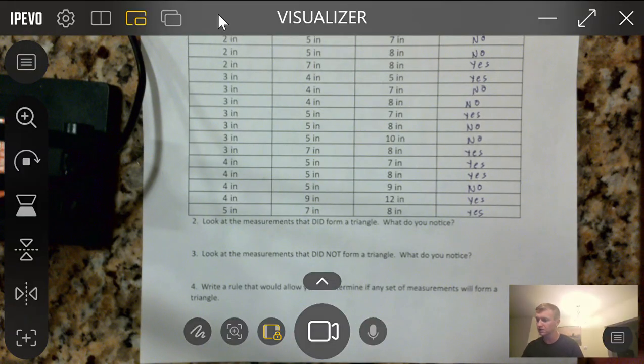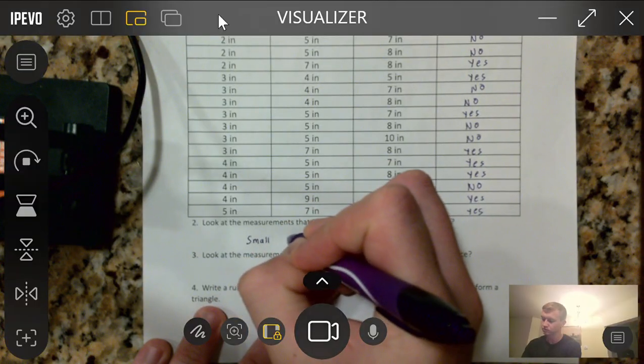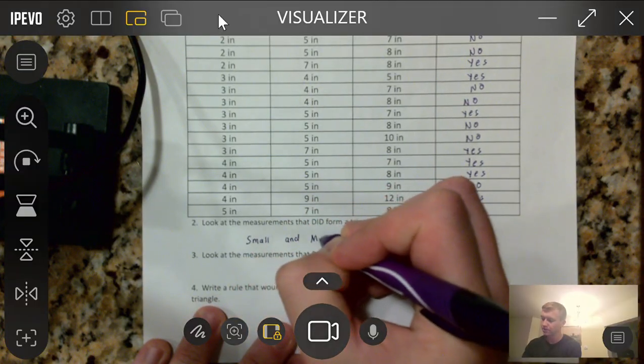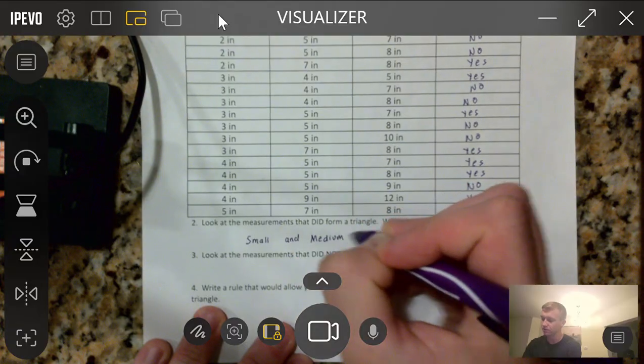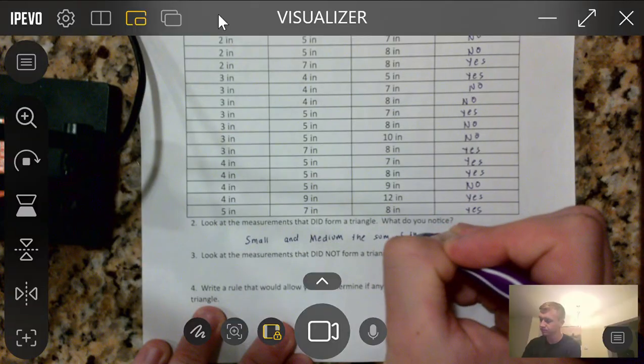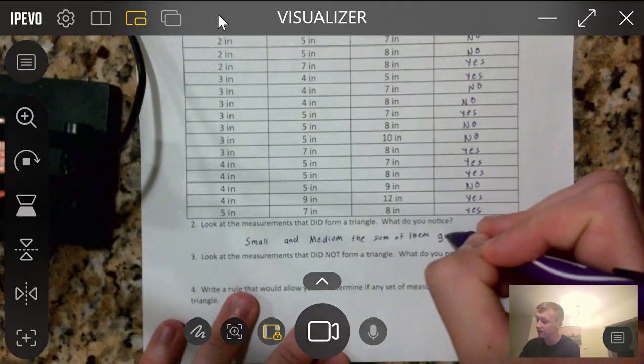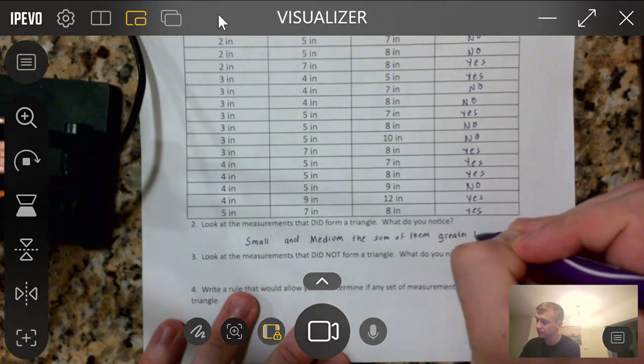In this case, when you add the small and the medium together, the sum of them makes a triangle. The sum of them is greater than the large side.